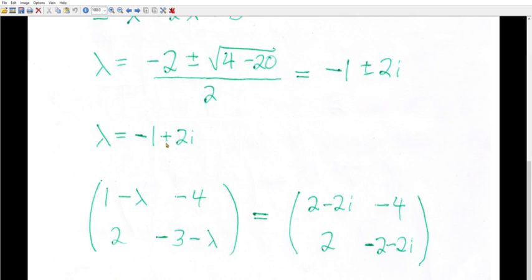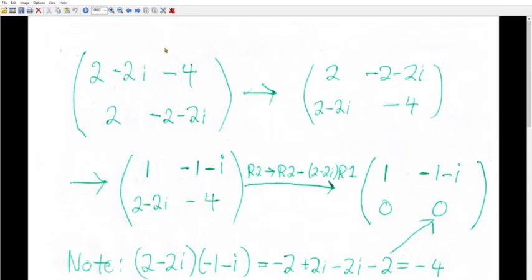We take the eigenvalue lambda, we put it into this matrix, and we end up with 2 minus 2i here, and -2 minus 2i here. And this is the matrix we're now going to row reduce to find the eigenvector.